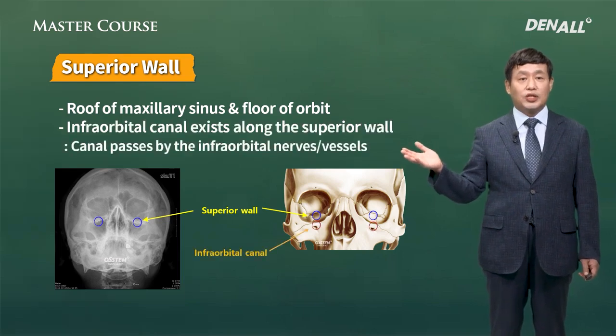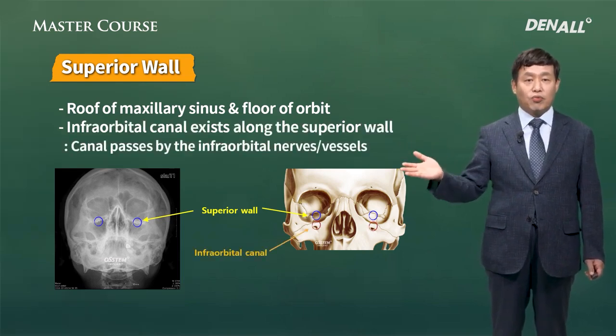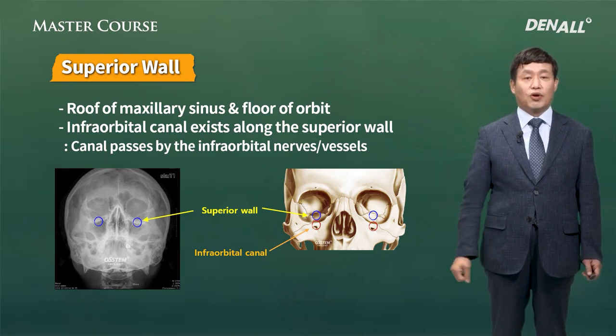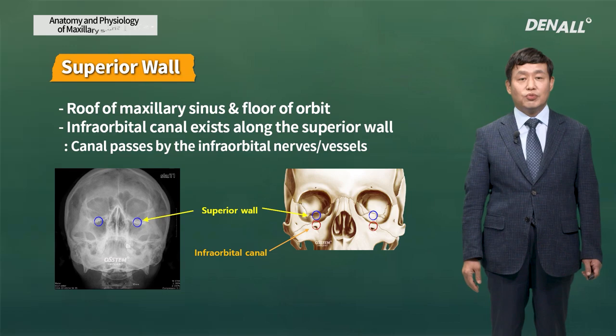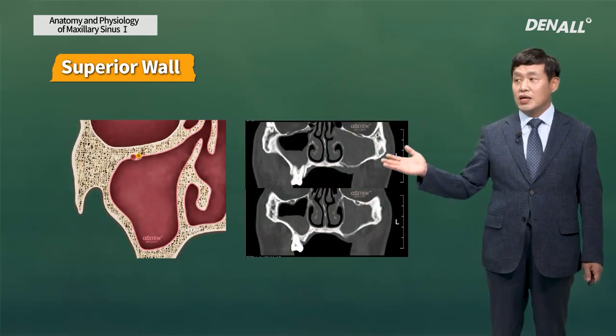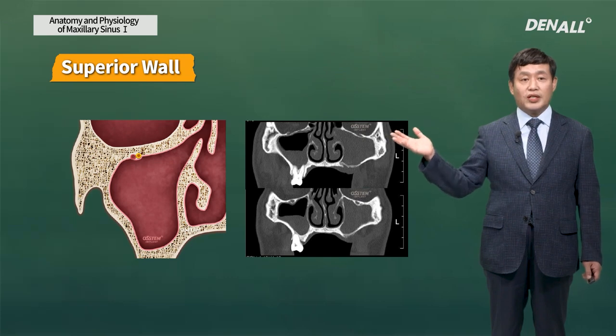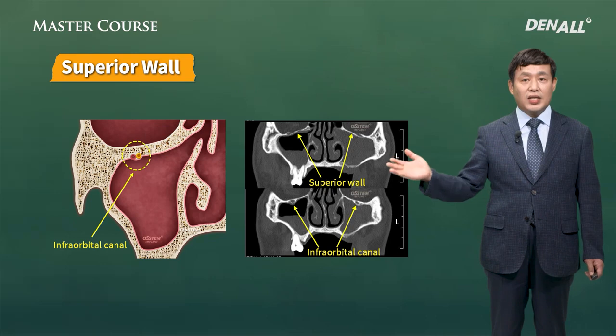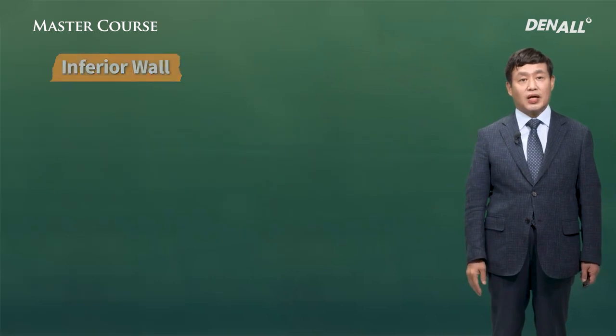The infraorbital nerve and vessels exist, which are important, and they are high in the eyes. So during surgery, I don't think you will touch or invade that area. In the superior wall of the maxillary sinus, there's an infraorbital canal where vessels and nerves pass.